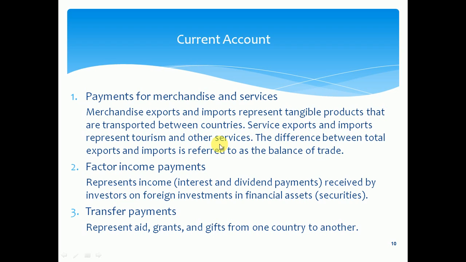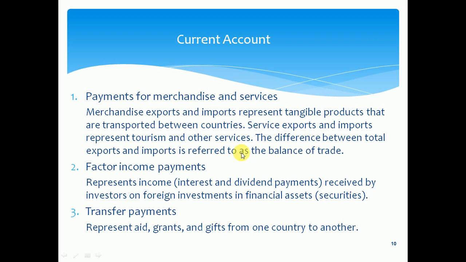The engineers, doctors, teachers and bankers of Afghanistan are working in other countries. Bankers, teachers and engineers from other countries are working in Afghanistan. That is coming under services.